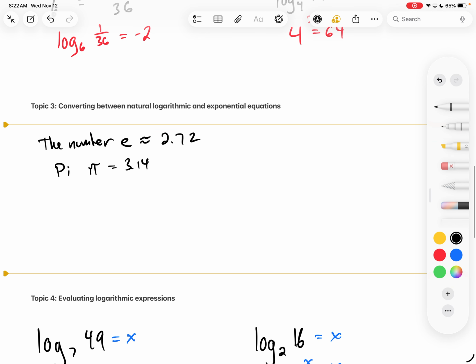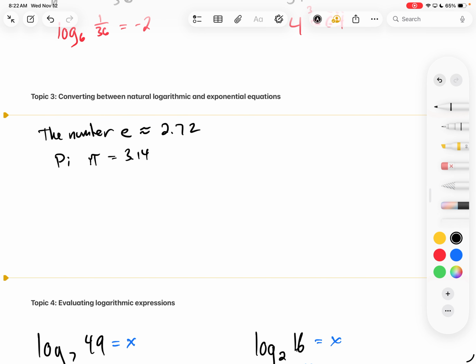Try not to go too much into the calculus there, but it is just a number, e, right there. You use this e a lot in exponential formulas and things like that, so it does have a lot of properties to it. But if I had log base e of some number, we'll do 2.72 because I know that's 1. Log base e, okay? We don't write log base e. What we do is what we call the natural logarithm. The natural logarithm, or natural log, is called the ln.